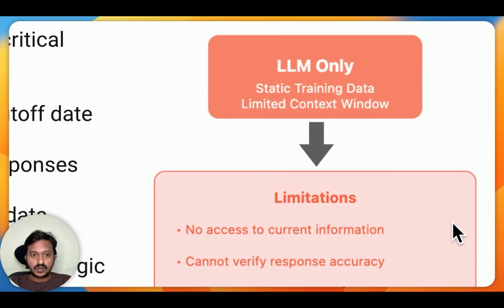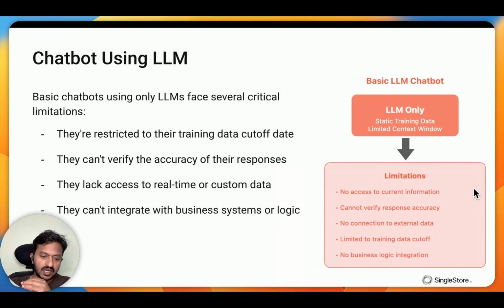Then what about chatbots using LLMs? These are basic chatbots, where the output is predefined by the AI engineers, data engineers. And all these chatbots face several challenges and limitations: they are restricted to their training data and cutoff date, and they can't verify the accuracy of their own responses, and they lack access to real-time or custom data.